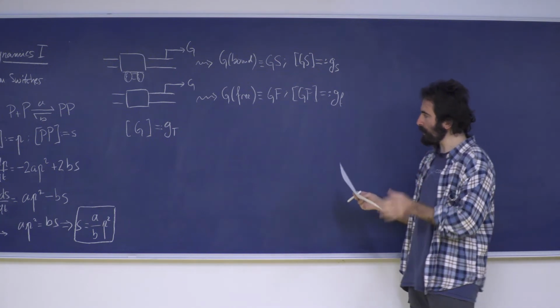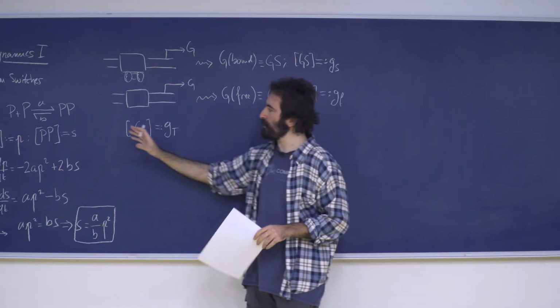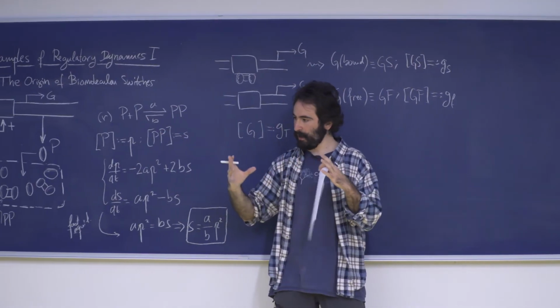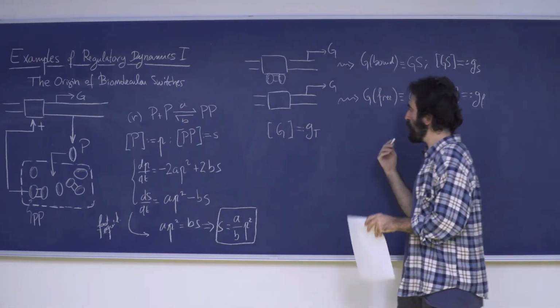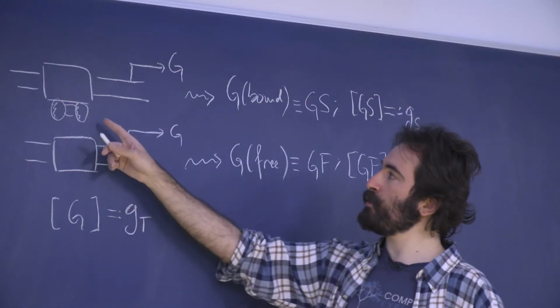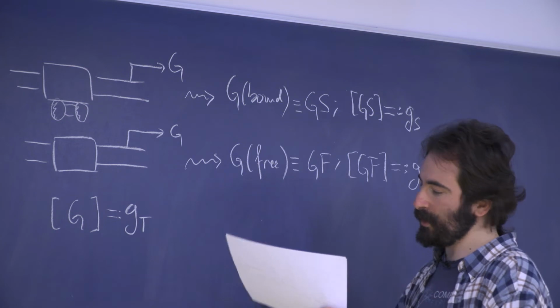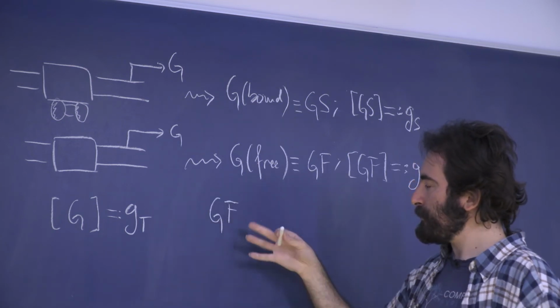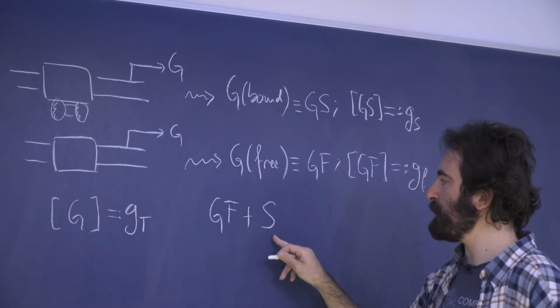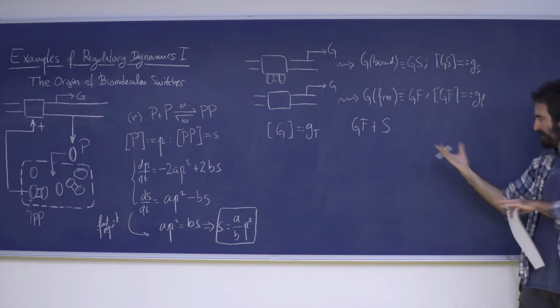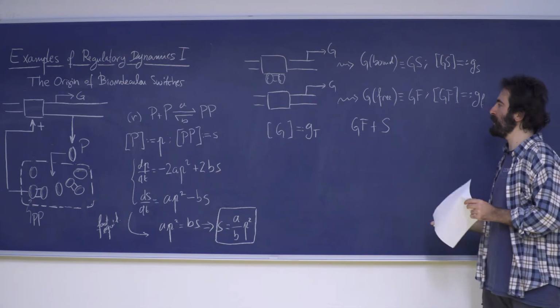Well, notice that just as it happened for the dimerization of the protein P, where it comes together and separates with some given rates, we should be able to argue that the same situation is happening between these two states of the gene. You could say that a free gene will pick up, and I'm using S here for double P, but this is just the dimer as we have stated before.